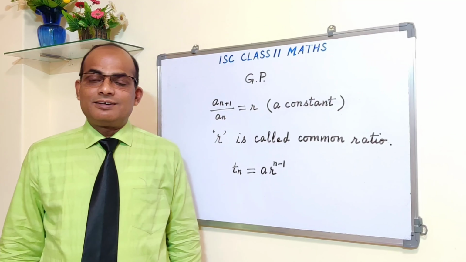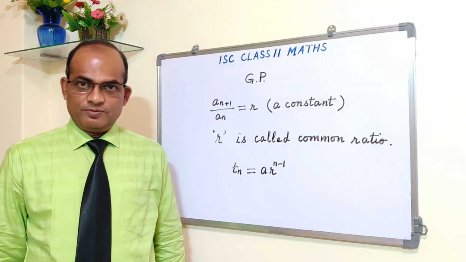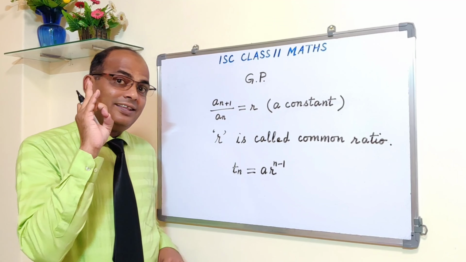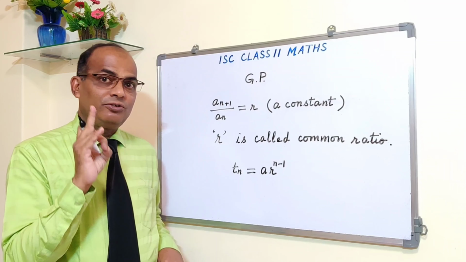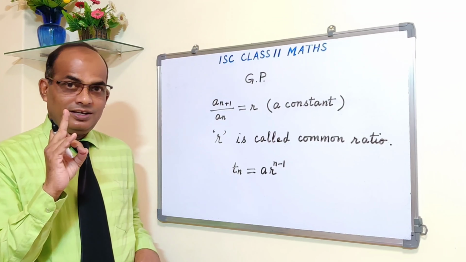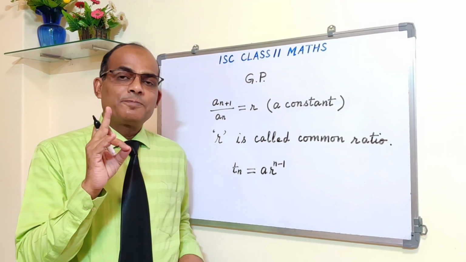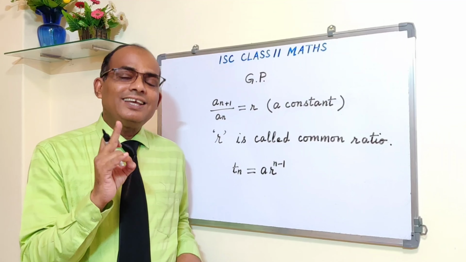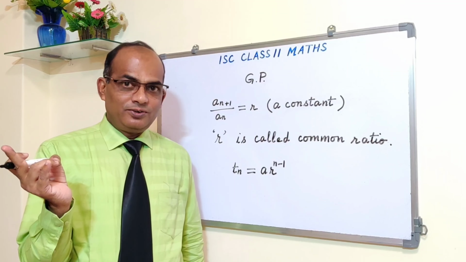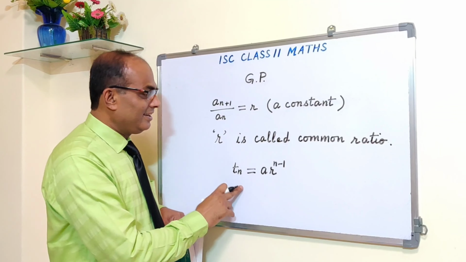This is the nth term of a geometric progression. Like in arithmetic progression, we studied the formula Tn is equal to A plus n minus 1 into D, and here it is Tn is equal to A R raised to the power n minus 1, where A is the first term of the geometric progression.